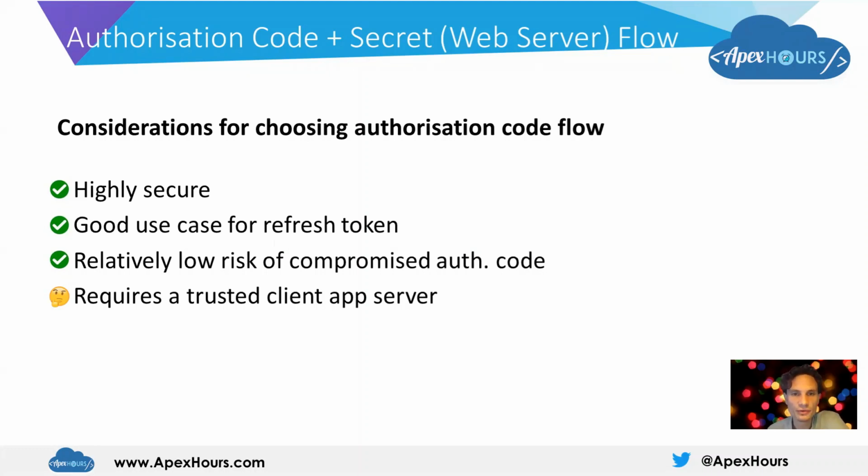If this is implemented well, and particularly if the proof key for code exchange and cross-site request forgery protections are put in place, the risk of compromising the authorization code that's shared as part of that redirect is relatively low. And probably the only reason to consider not implementing this flow is if we don't have that mechanism of the secure trusted client application server.